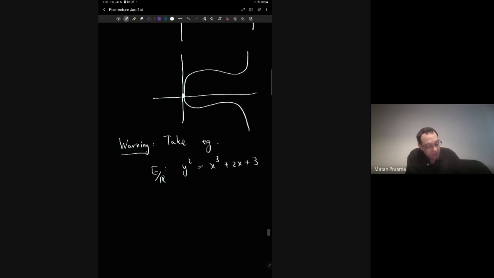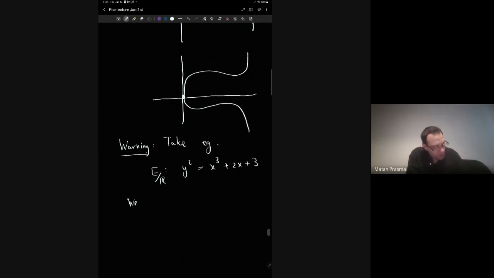We could consider some large prime P, and look at the same equation, E, but now over FP.